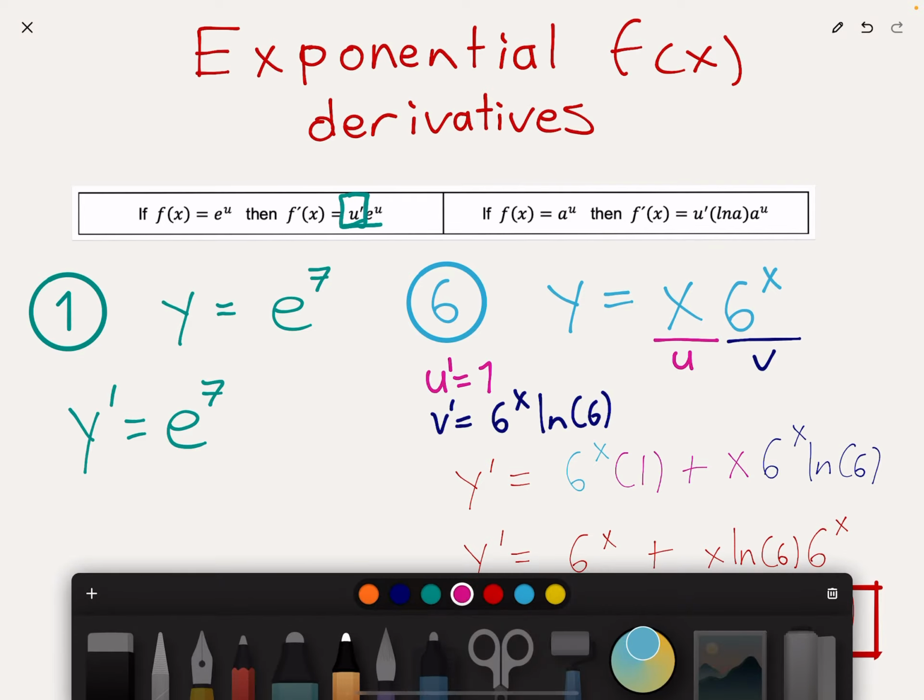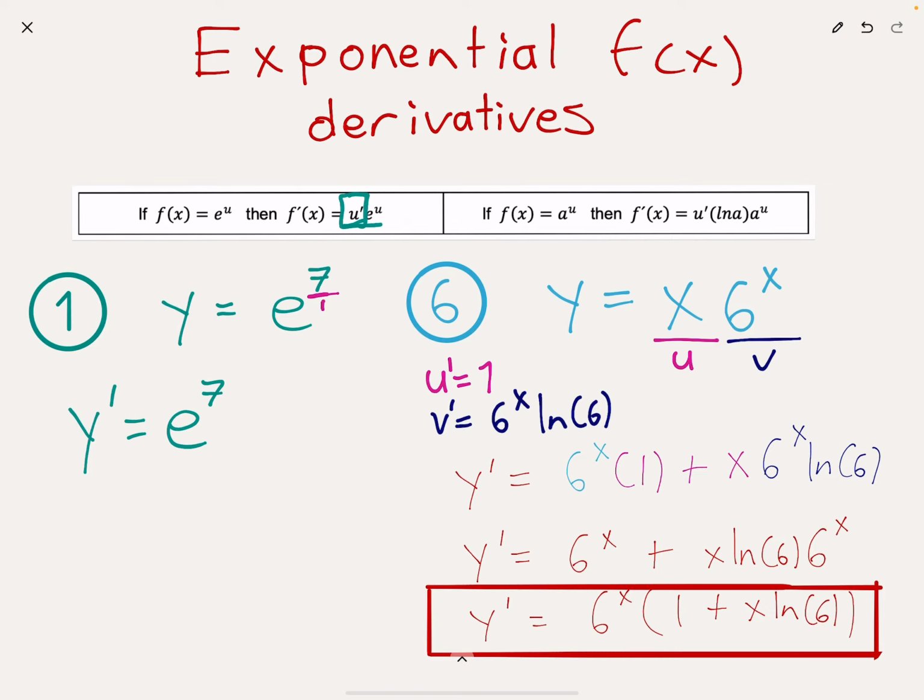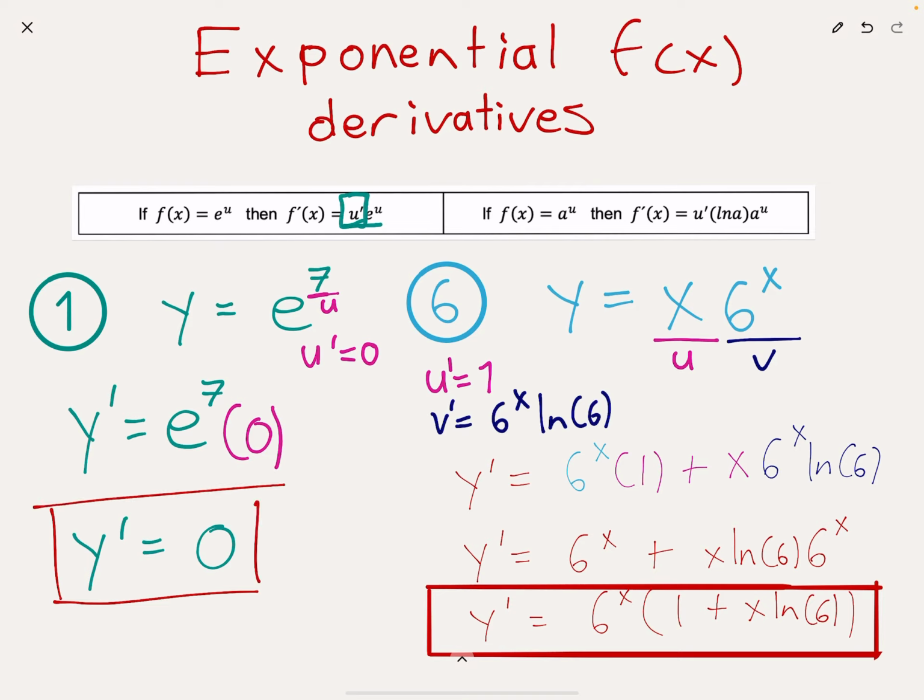So if the exponent is 7, if this one is u, what is the derivative of 7 alone? 0. Therefore, 0 is going to be multiplying our exponential function, and the answer is going to be 0. This happens because we actually do not have a variable in the exponent. It's only 7. So that's the reason it becomes 0, because the exponent is not a function.